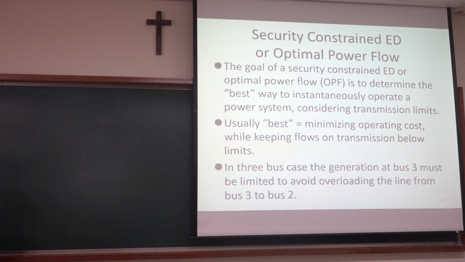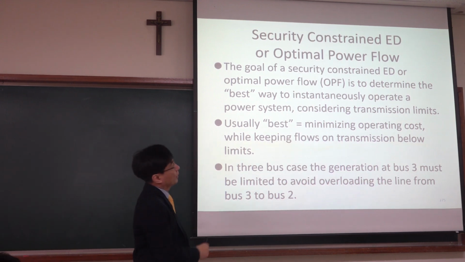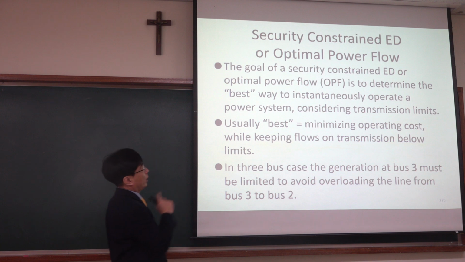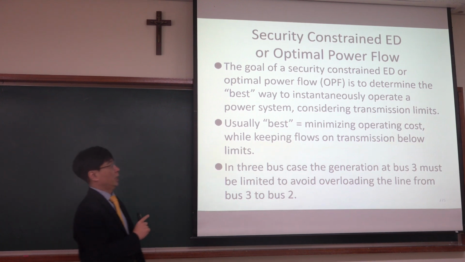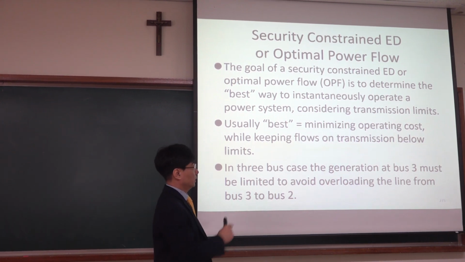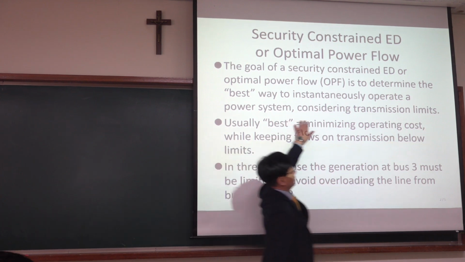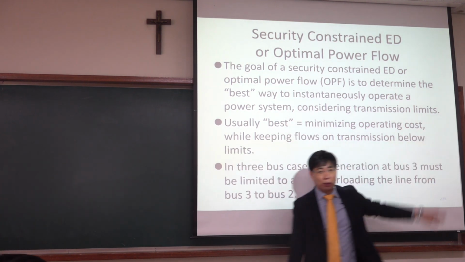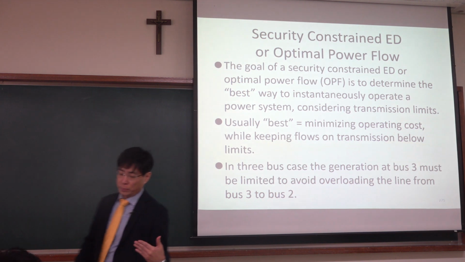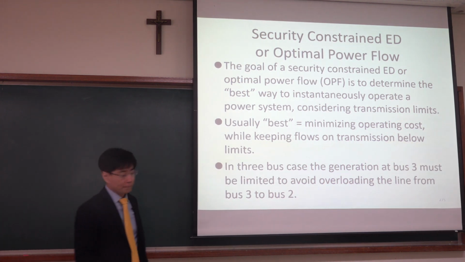The goal of security constraint economic dispatch, or OPF, they are used interchangeably here, is to determine the best way to instantaneously operate a power system considering transmission limits. This is a really critical part. I want to emphasize again: considering transmission limits is very critical.